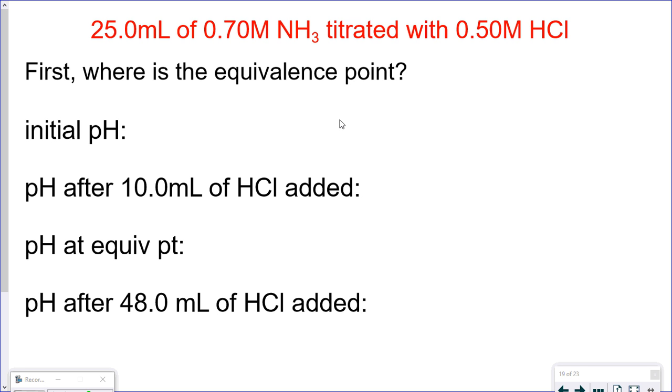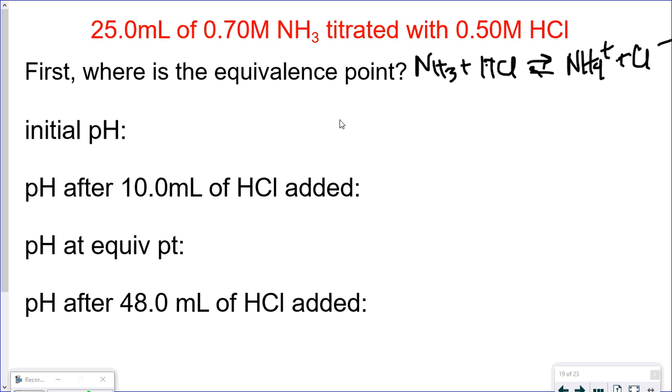When we have ammonia and hydrochloric acid, remember that will produce ammonium ions and chloride ions. So this is going to be a 1-to-1 ratio, so we need that mole ratio in our stoichiometry.